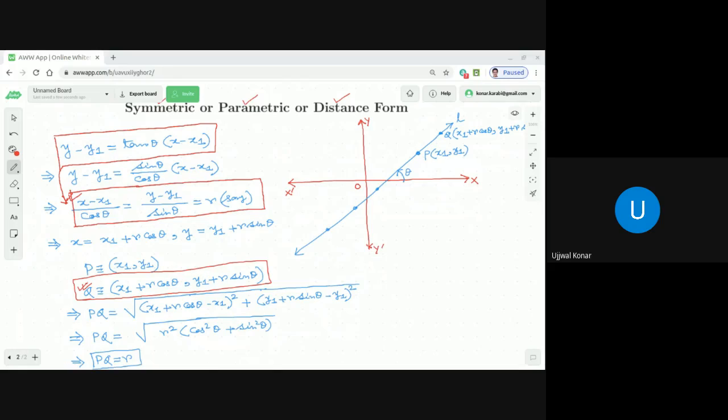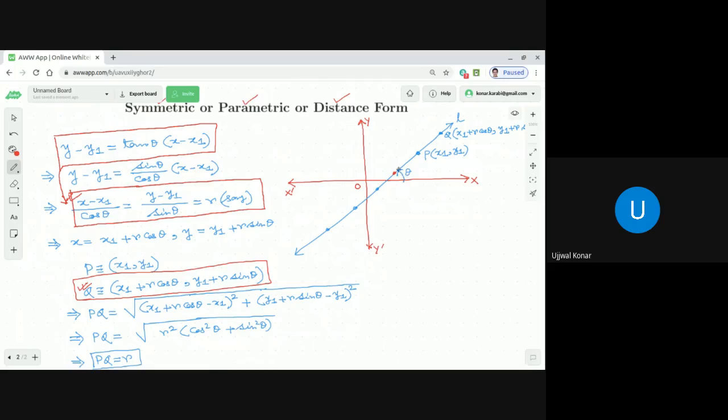Okay. Now, there is a very interesting point I also want to make, and I thought that you may also ask this question. When I say that if P, x1 comma y1, is a fixed point and we get a point Q which is at a distance r, but r could be on either side of the point P. Now, here we get Q, we can get Q here also, which is at a distance r.